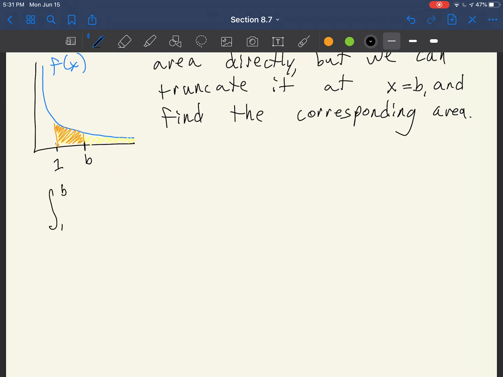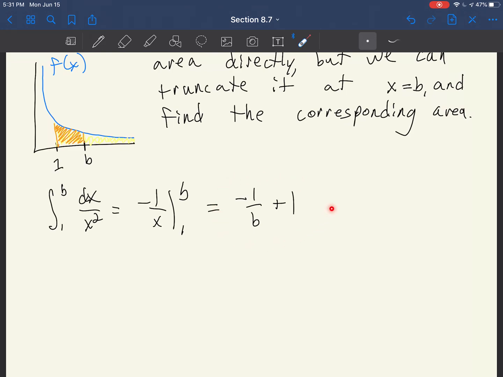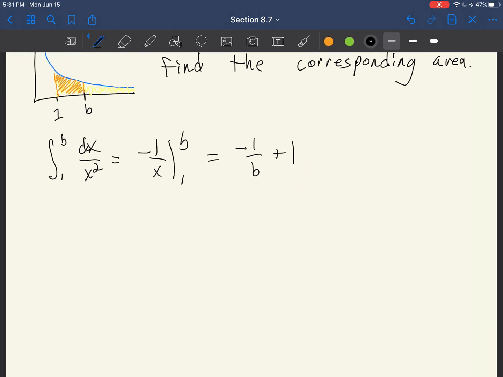This is doable. This is just a definite integral. So that's the integral from 1 to b of dx over x squared, which is negative 1 over x evaluated from 1 to b, which is negative 1 over b plus 1. Okay, so we have a formula for the area truncated at b.